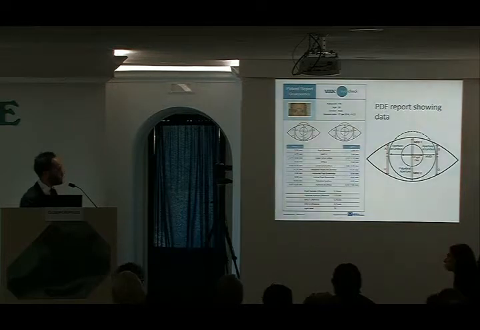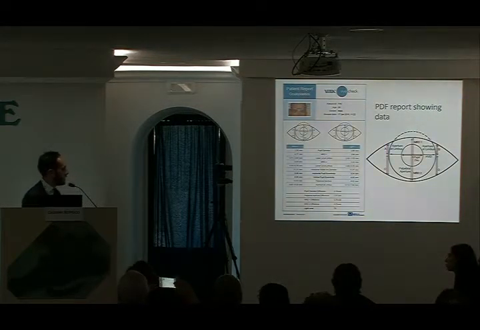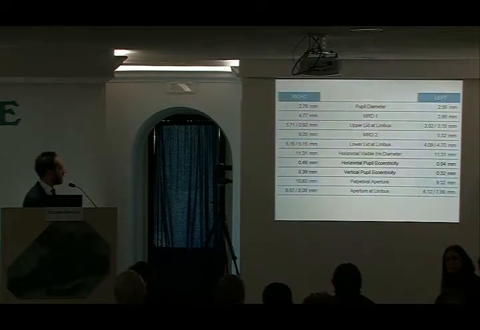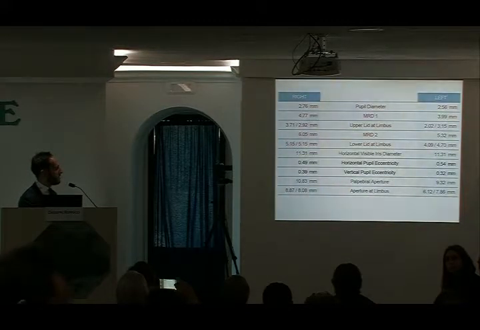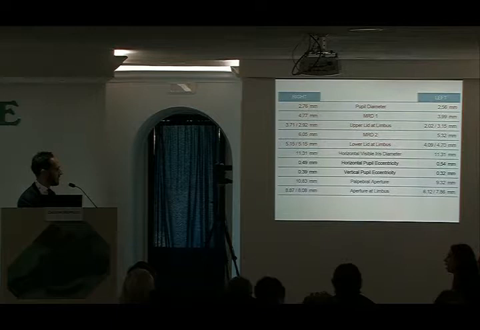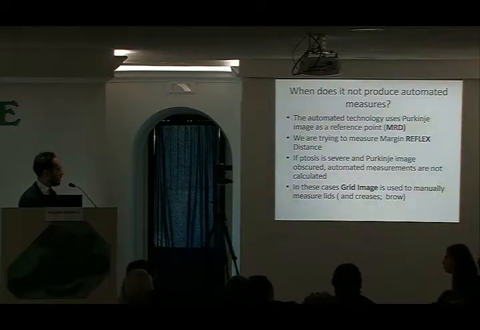This is how the patient's report layout looks like. It can be visualized on a screen, printed, or you can send it by mail. And here we can see all the measurements that we get after the acquisition for the right eye and the left eye. We also have the pupil diameter, the HVID, the horizontal and vertical pupil eccentricity, the palpebral aperture, and aperture at the limbus, both for the temporal side and the nasal side.